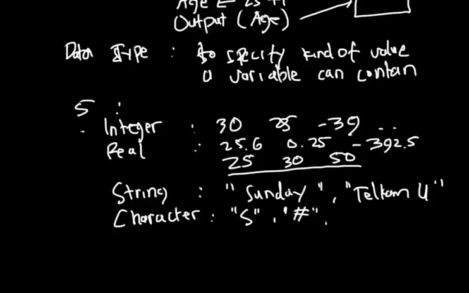Different from string, which is a sequence of symbols. It can also, of course, contain only one symbol, but character can only store one symbol. The last one is Boolean, with double O. There are only two values for Boolean type, which is true and false.